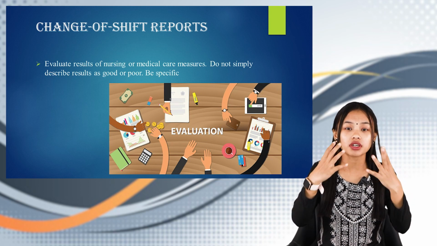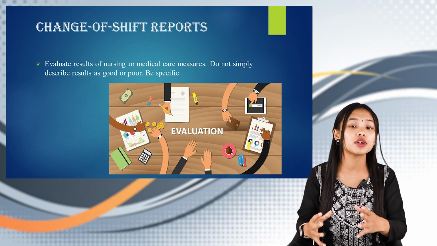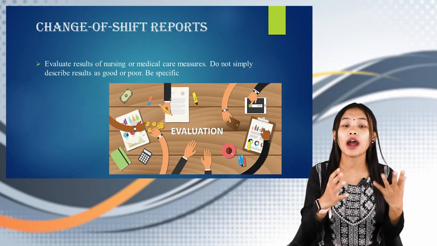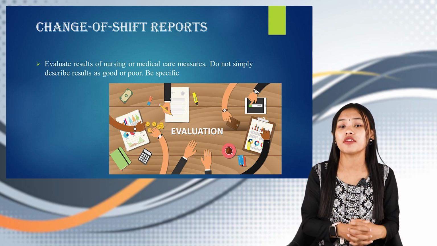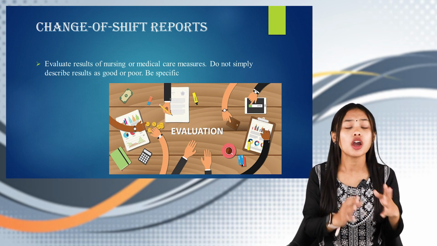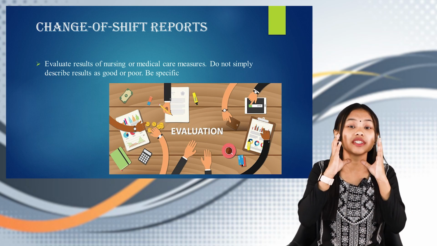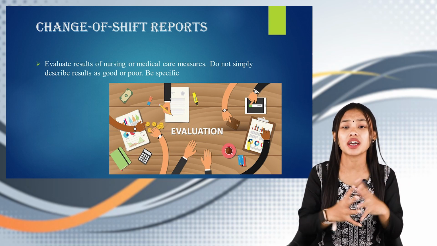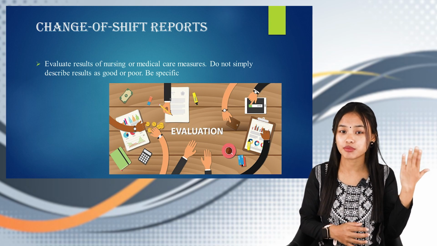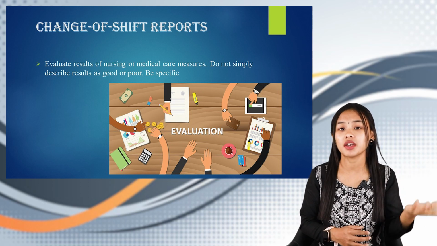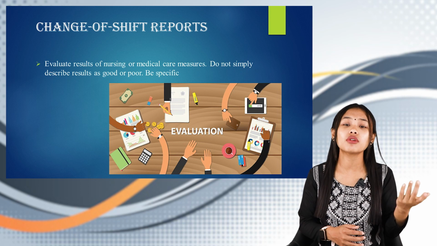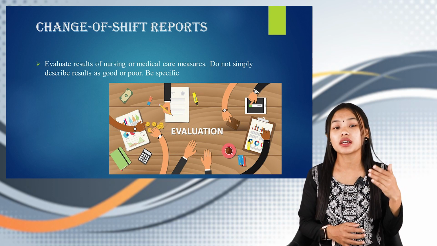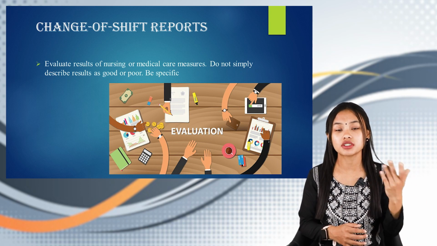Whenever you talk about the condition, the treatment, or the outcomes that you have observed after you have done a particular procedure, you must be specific. You must not just say that the client status is improving or becoming better, or that after performing that procedure the client status is becoming worse or deteriorating.